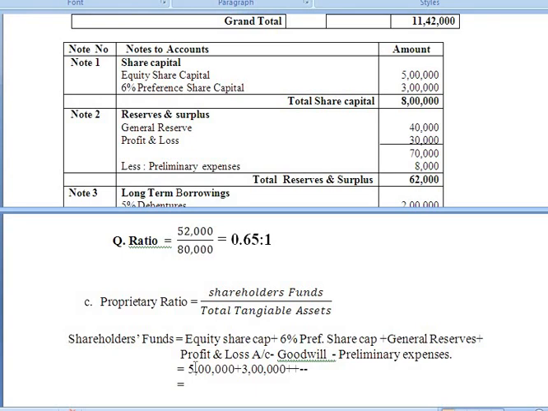What is the amount of general reserve? 40,000. Next, after general reserve, profit and loss account. How much profit and loss? 30,000. Okay. Minus goodwill. What is the amount of goodwill?